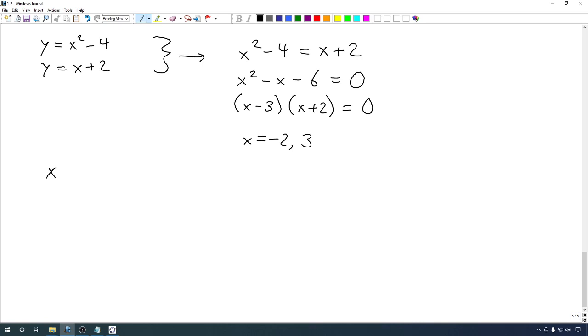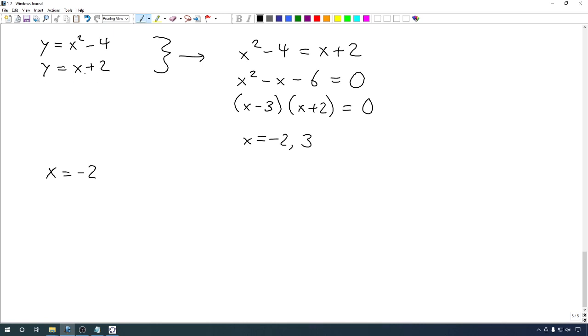So when x equals negative 2, I need to find out what y value corresponds to that negative 2. But because we found these by saying that these two expressions, the x squared minus 4 and the x plus 2, give us the same y value, when we plug in negative 2, I can choose either one of these to plug the negative 2 into.